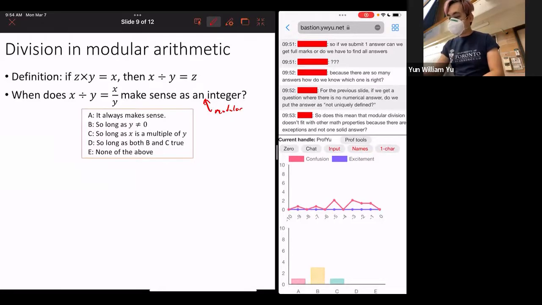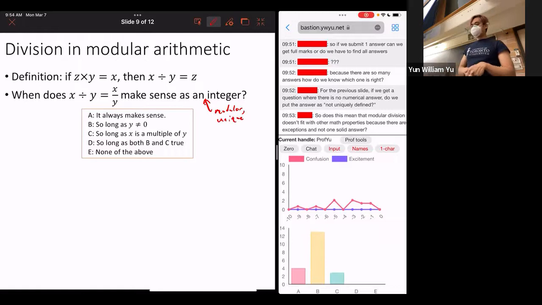Let me actually add, as a unique modular integer. So when you get multiple answers, things also go wrong. So when do you not get multiple answers, and when do you get exactly one answer for division? That is basically what we're asking.